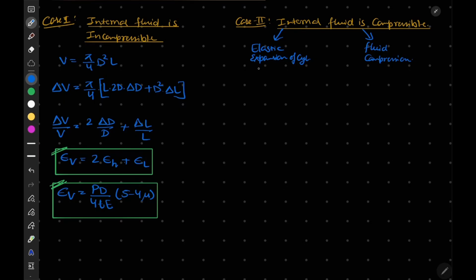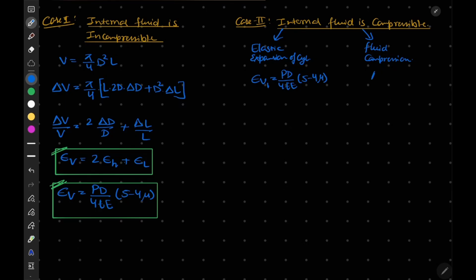Now we can write this elastic expansion of cylinder as epsilon V1 is equal to PD by 4TE times of 5 minus 4 mu, which we have calculated before.